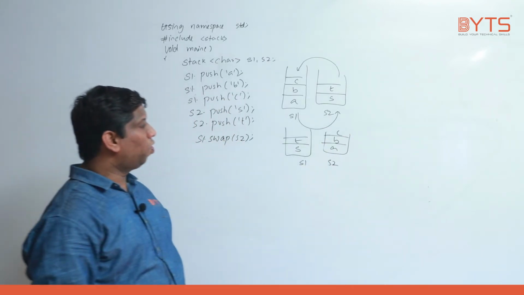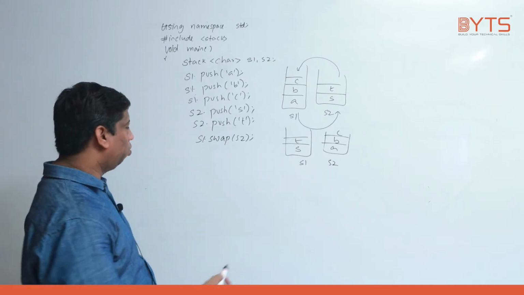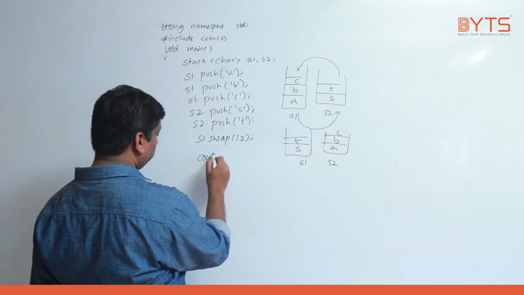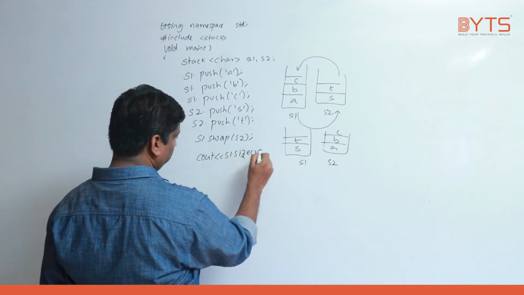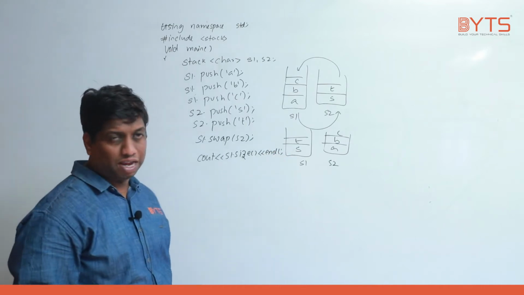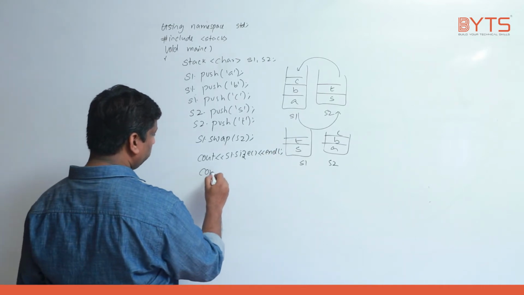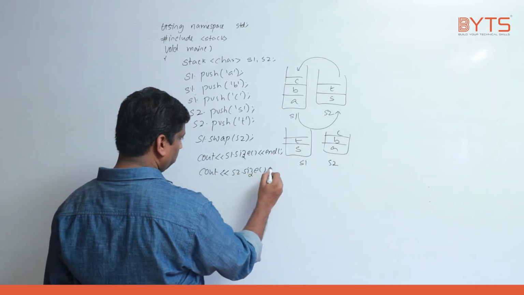Now I want to print the values. We know how we print the values, right? Instead of printing, I will just print the size. See, cout s1.size, endl. Next what will I do? See, cout s2.size, endl.